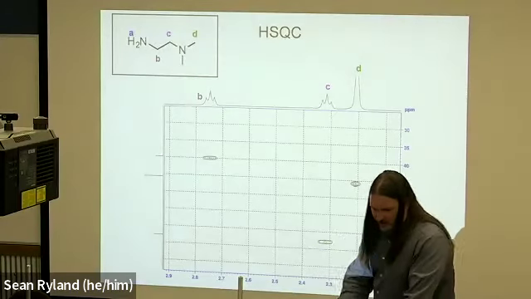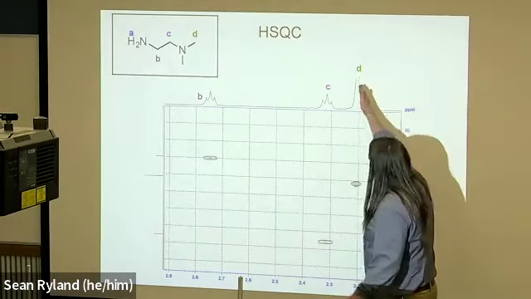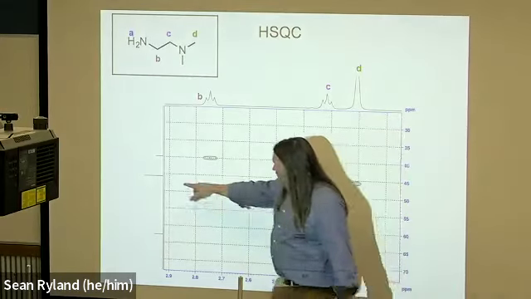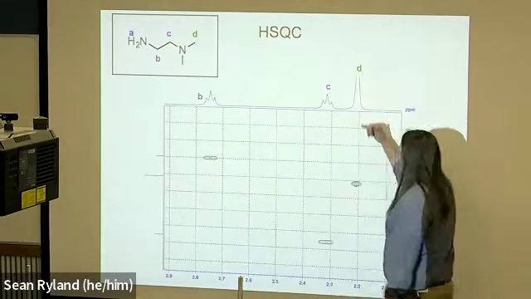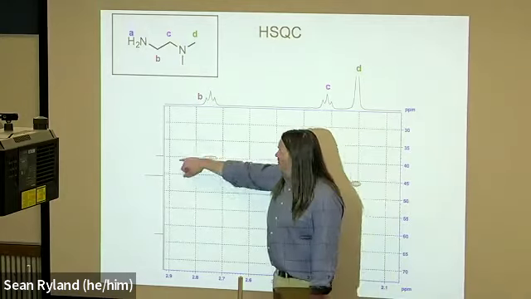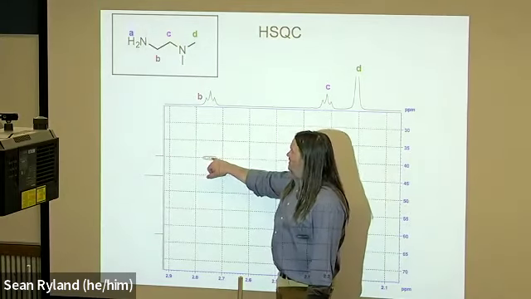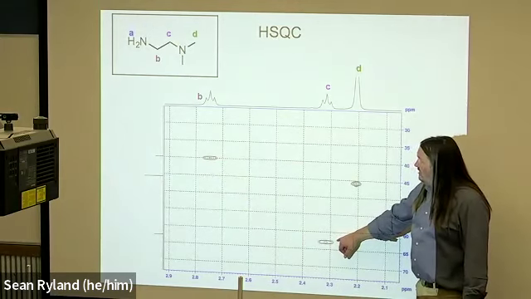And if we zoom in just on the B, C, and D region, we've got D correlated lower over here. So that was the middle peak on the carbon, and it's the most shielded on the proton. And then B correlated to B are most de-shielded. And then here's C correlated with itself.